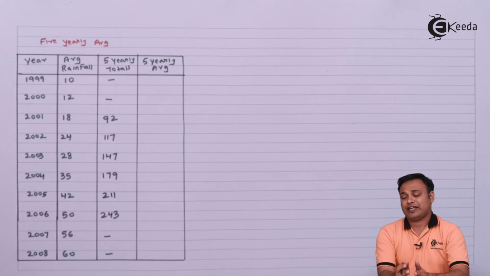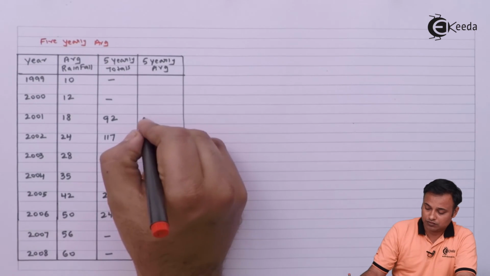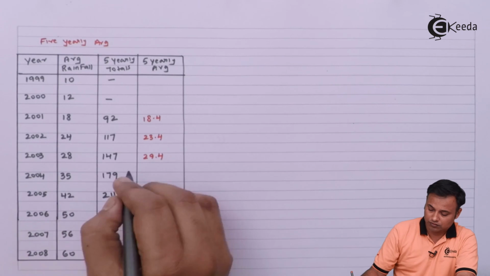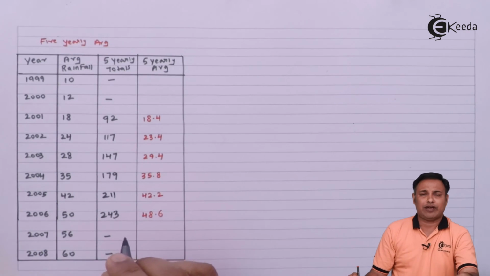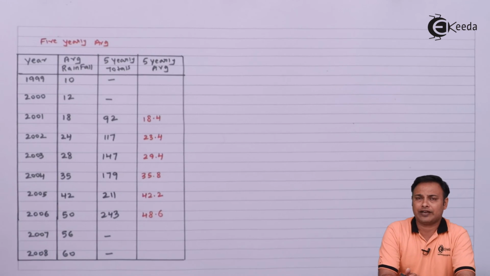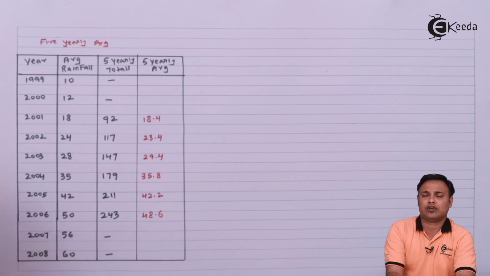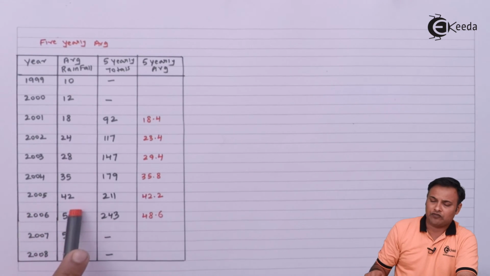Now based on the 5 yearly totals, I can divide by 5 and get the 5 yearly moving average. The values in red indicate the trend based on the moving averages. This can establish the actual pattern against the actual average rainfall data.